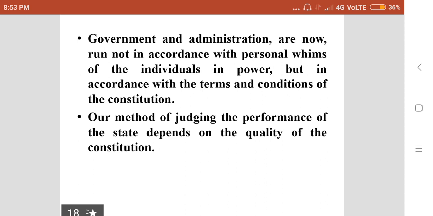So, our method of judging the performance of the state depends on the quality of the Constitution. Therefore, nowadays the Constitution is playing a vital role in the administration of the state.